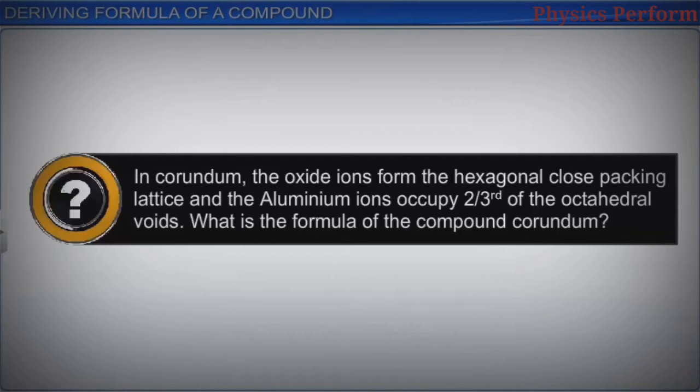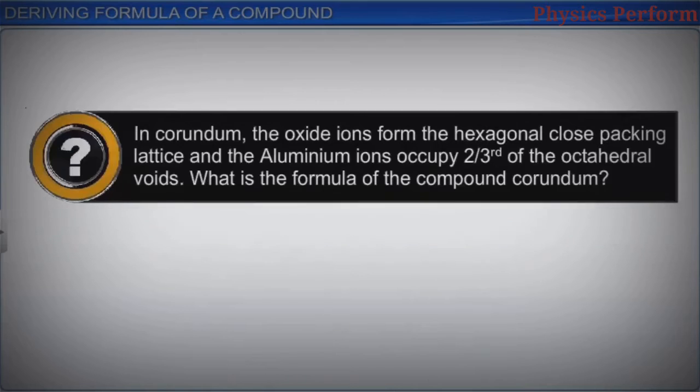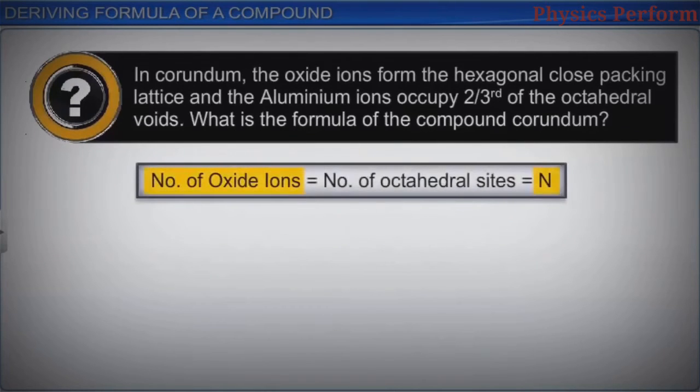You already know that the number of octahedral sites in a close packing is the same as the number of constituent particles. Now, if n oxide ions form the crystalline lattice, the number of available octahedral sites is also n. But only 2/3 of n octahedral sites are occupied by the aluminium ions.